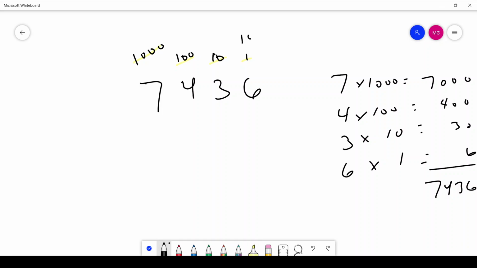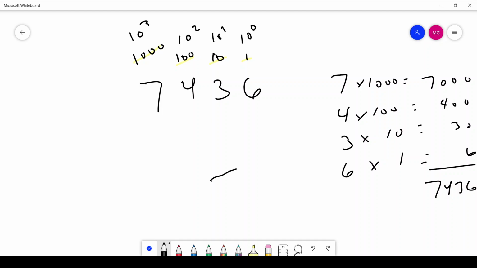The ones place is actually 10 to the 0 power. And the tens place is 10 to the first power. The hundreds place is 10 to the second power. And the thousands place is 10 to the third power. Let me write that a little more clearly. 10 to the third power. So that's how our place values are developed for base 10.